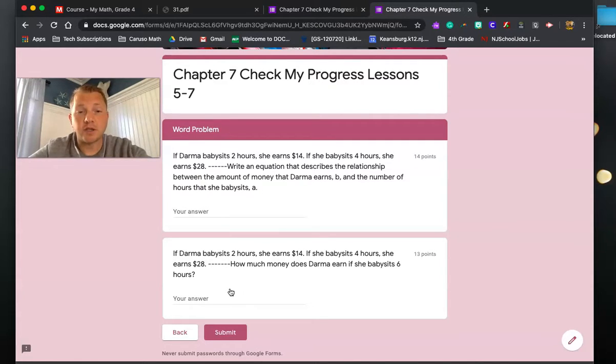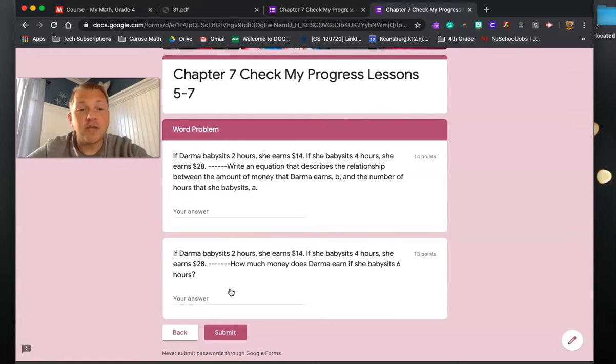The first question here is asking you to write the equation that describes the relationship between the amount of money that Dharma earns, which is B, and the number of hours she is babysitting, which is A. So if the total amount is B, we know that B is going to be our output. So think about where that goes in the equation if it's the output.